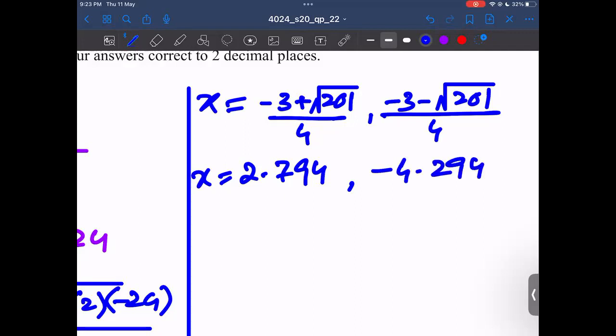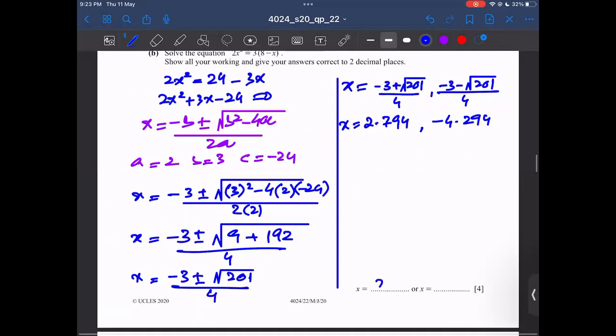So after rounding off to 2 decimal places, I get 2.79 and minus 4.29. All right, so these are the values correct to 2 decimal places.